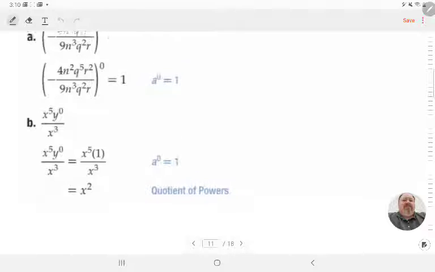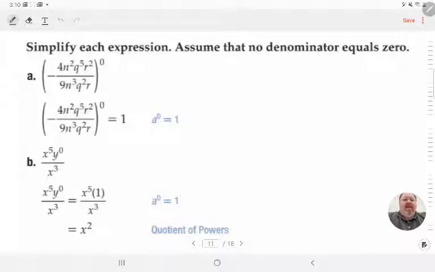So let's look at that. We have A. We have this one right here. We have all this stuff inside of the brackets, or the parentheses, right? But it doesn't matter because we have this exponent of 0. Anything with the exponent of 0 is 1. So the answer to that is simply just 1.